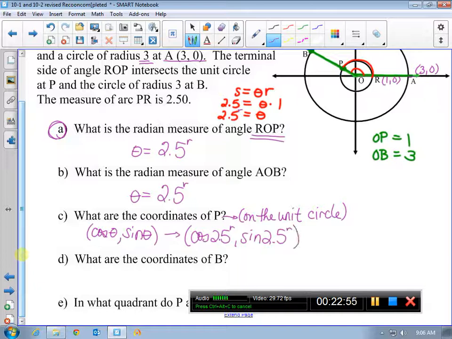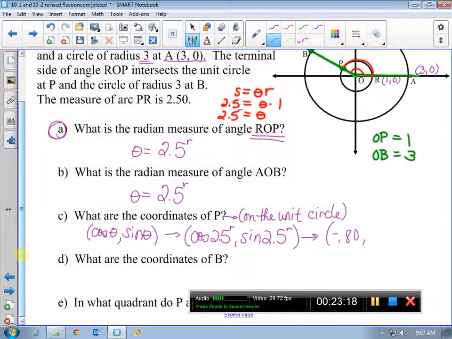And let's use our calculator to estimate what those are. Let's go to the hundredths place. Make sure you're in radian mode. Cosine of 2.5, and I have, let's go to the hundredths, negative 0.80.